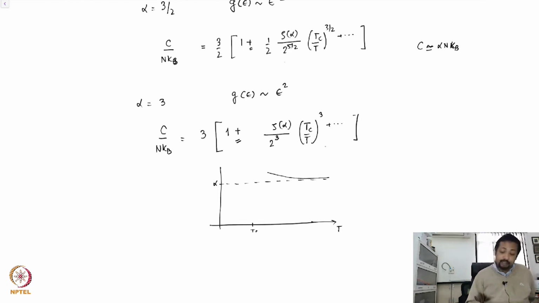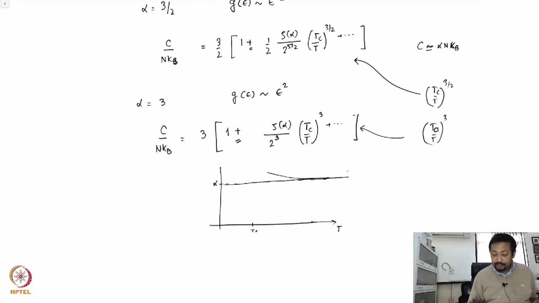In one case it approaches as Tc over T raised to the power 3/2, and in this case it approaches Tc over T whole cube. But in both the cases it's going to approach the classical limit C over n k_B from above this line, which is C over n k_B equal to alpha.